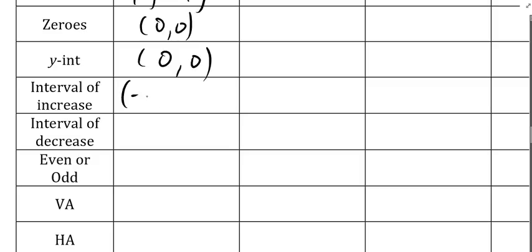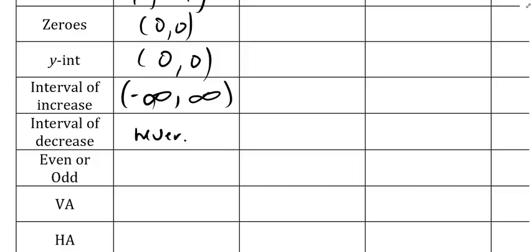We start at negative infinity and it goes to positive infinity. I use round brackets because those are not actual values that you can include. What is the interval of decrease? Never. It never decreases. So write never, write NA, or even just a line.